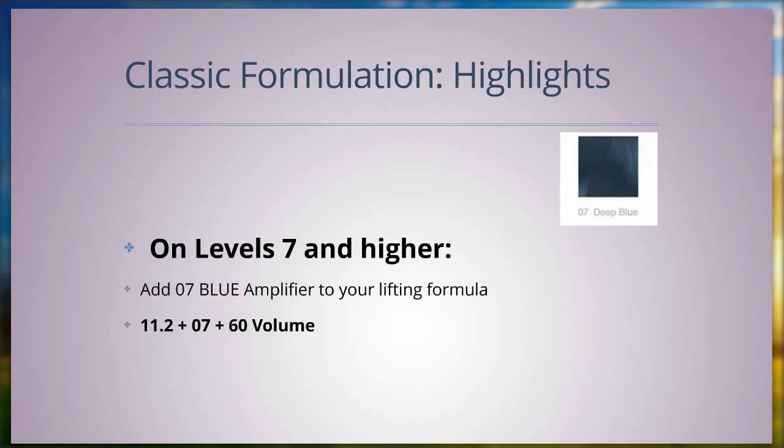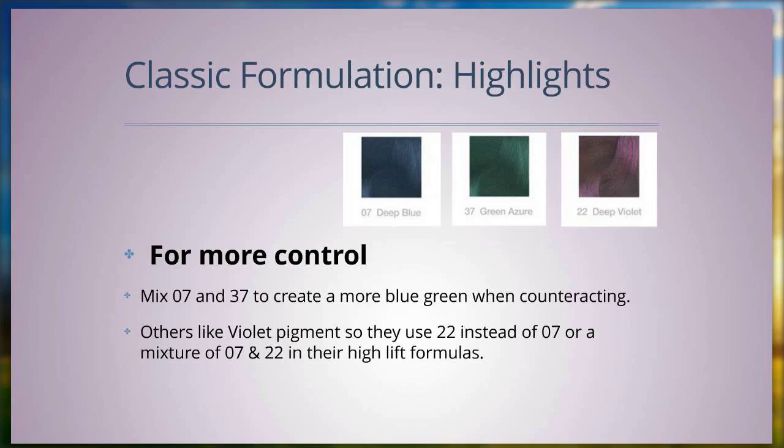Awesome. So on level 7 or higher, we recommend you start with a little bit of 07 amplifier to neutralize any unwanted yellowy orange that's left in the hair. Really simple. We have a sheet that shows you the highlighting formula that you can see online.